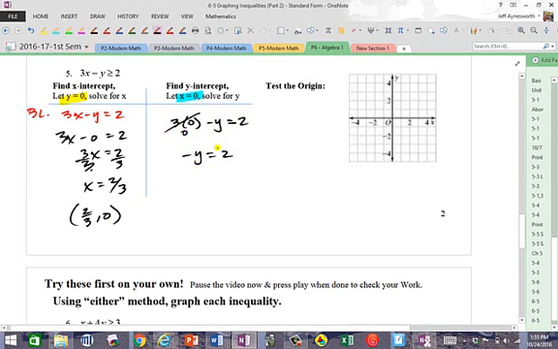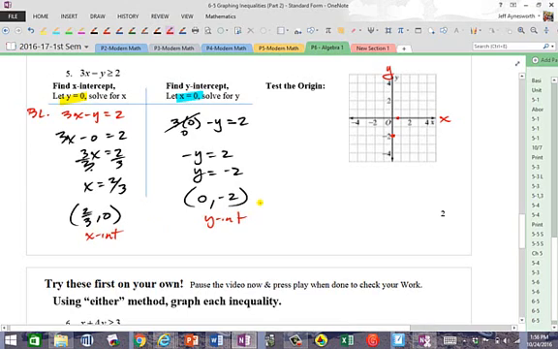You can either multiply or divide by a negative. y has to be negative 2. So we have 0 comma negative 2. Let's plot 0, negative 2 on the y-axis, and 2/3 comma 0 on the x-axis. See, this is the x-axis and this is the y-axis. So I have an x-intercept here and a y-intercept here.